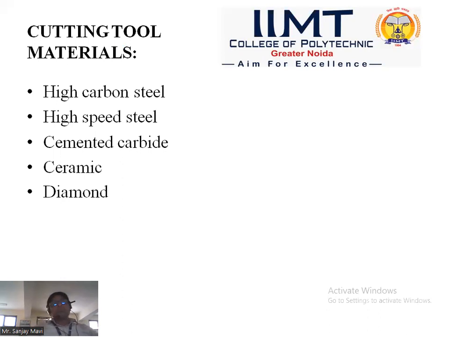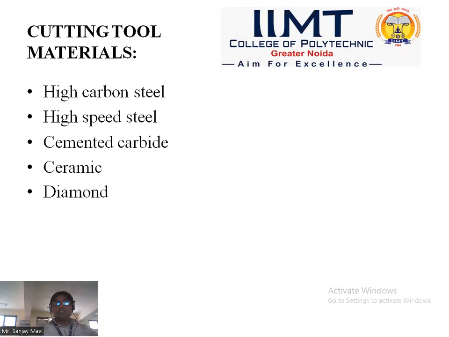Now come to the cutting tool materials. There are many types of cutting tool materials, of which some important or main cutting tool materials are given as: number one is high carbon steel.